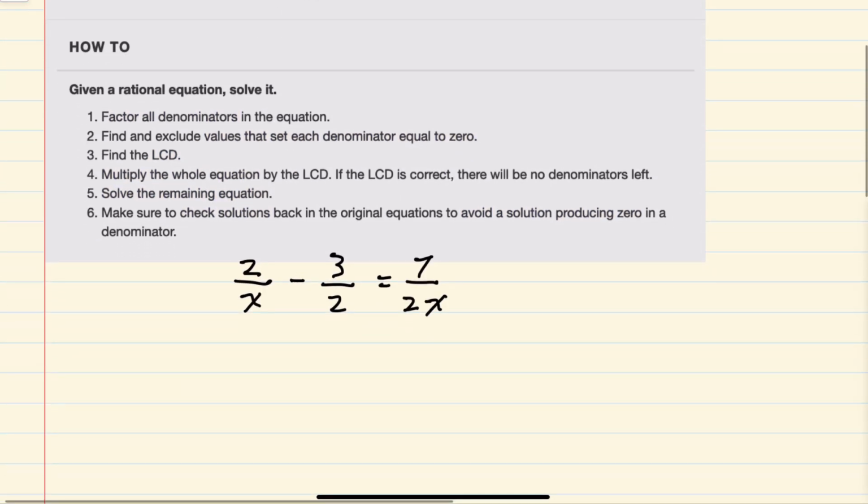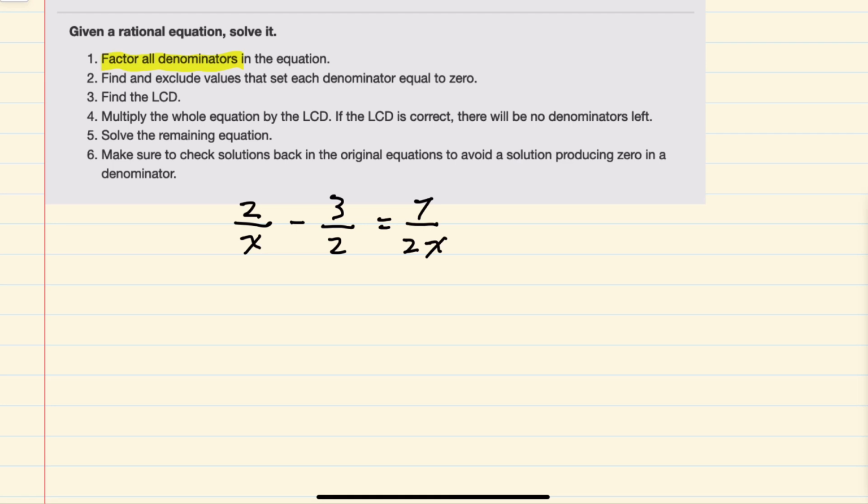So applying these steps to this example, my denominators are not factorable here, but we are going to exclude any values that set a denominator equal to 0. So both here and here, if we set x equal to 0, then we would be dividing by 0, so we know to exclude x equals 0.